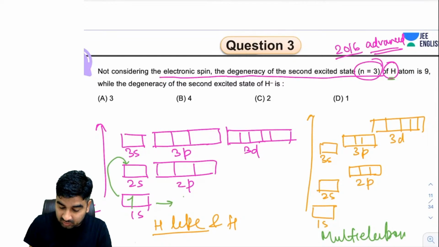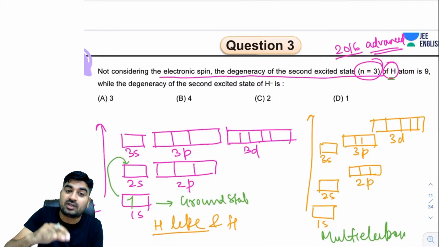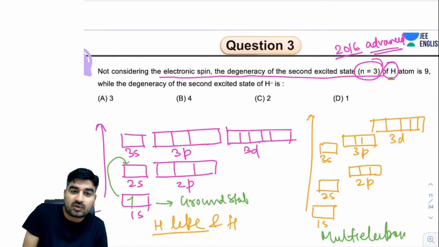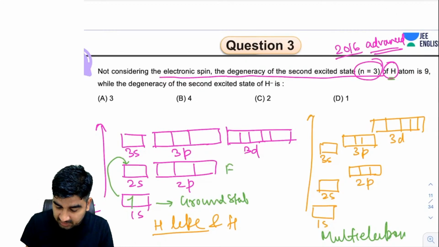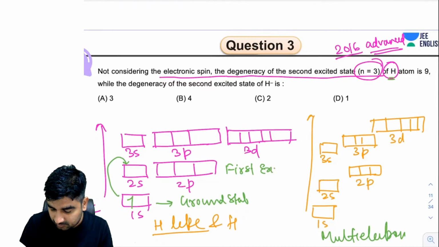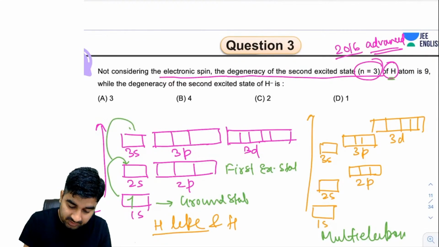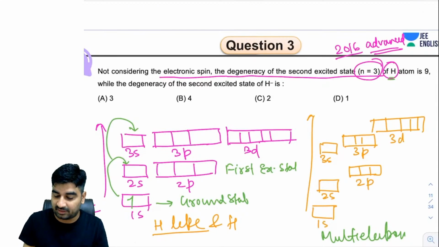Similarly, this is ground state. On excitation, when you excite an electron, it will move here and it is first excited state. If it again jumps to here, then it is second excited state. Now you got my point.